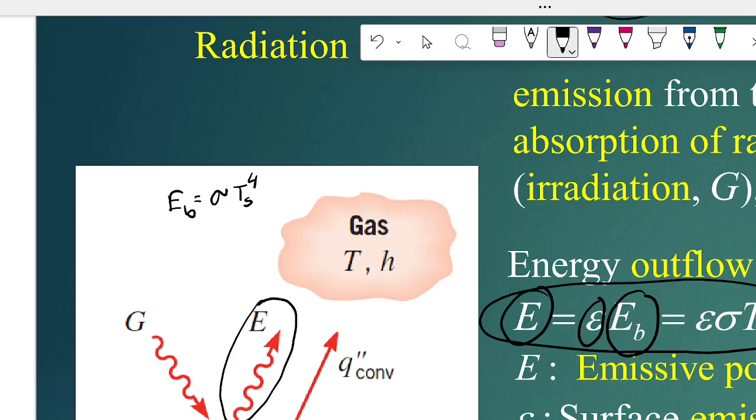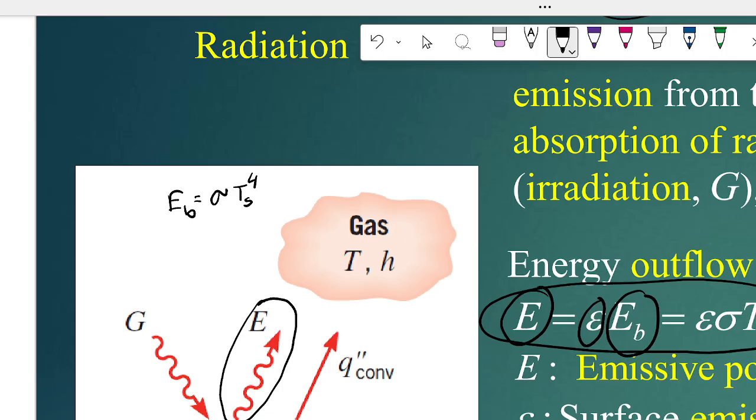Now this Eb refers to the emission that happens from a perfect black body. So why is it a perfect black body emission Eb? Because that could be the highest emission that happens. Now in the summer, on a very sunny day, when you go out with a black dress, you feel warm or you feel more hot than in a light dress.